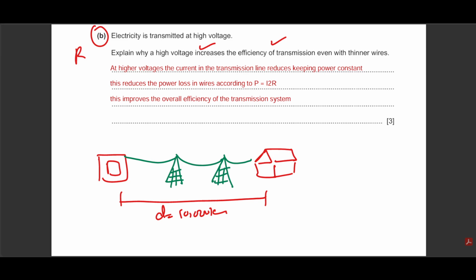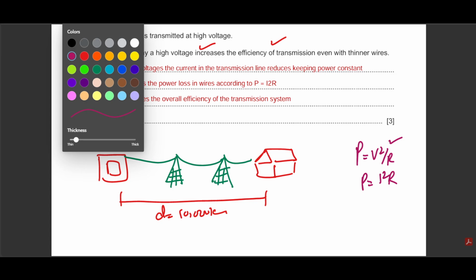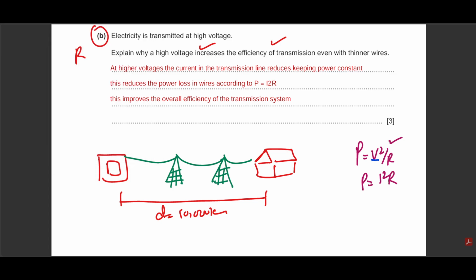Although the formula for power is V squared over R, and we also have a formula as I squared R, we don't use V squared over R because there's a problem. The problem is that V would be the voltage, or the potential difference, of the wires themselves. And it can only be measured if we have one terminal of the voltmeter over here and one terminal over here. This actually defeats the purpose.